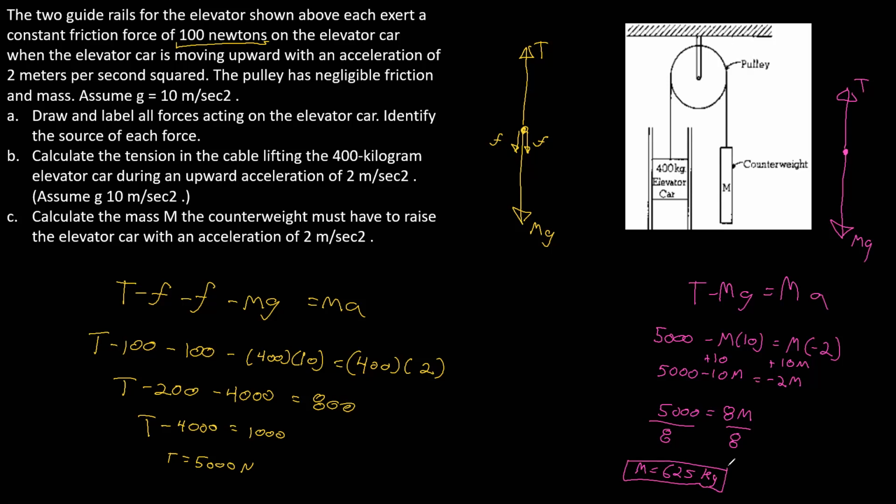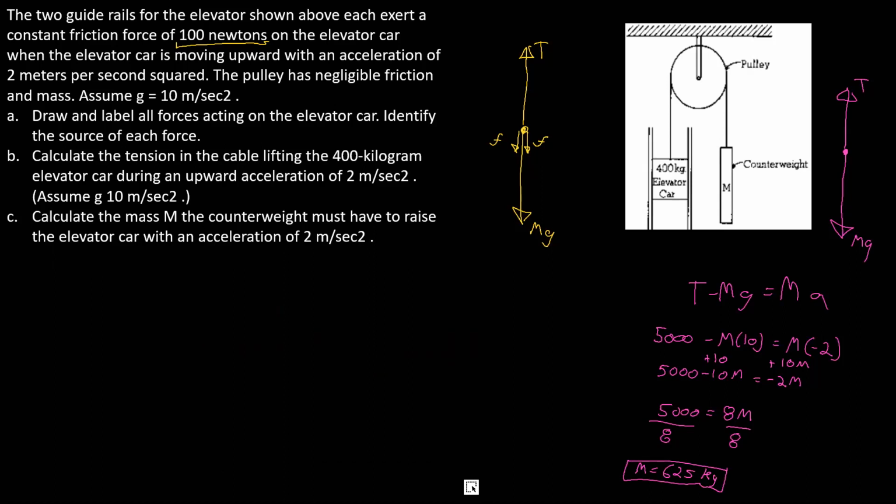That's the easy way to do it, based on the fact that we already knew the tension and we already knew the acceleration and all of that. The other way we could do this problem, that in this particular case is harder, but if we were given just this problem and the first thing it asked was, hey, if the acceleration is 2, what's the mass got to be?